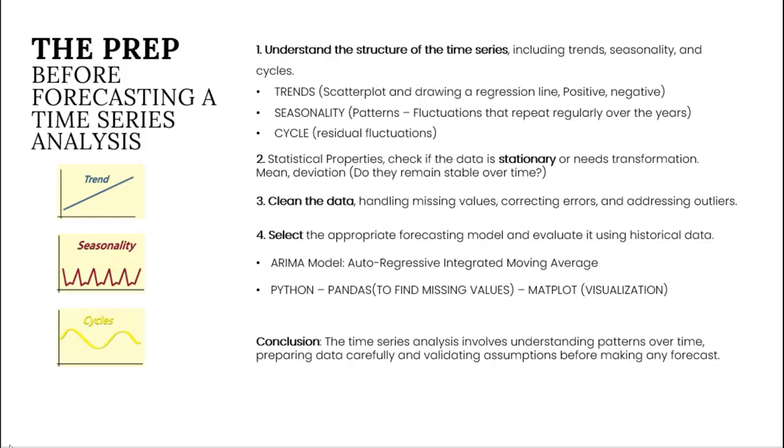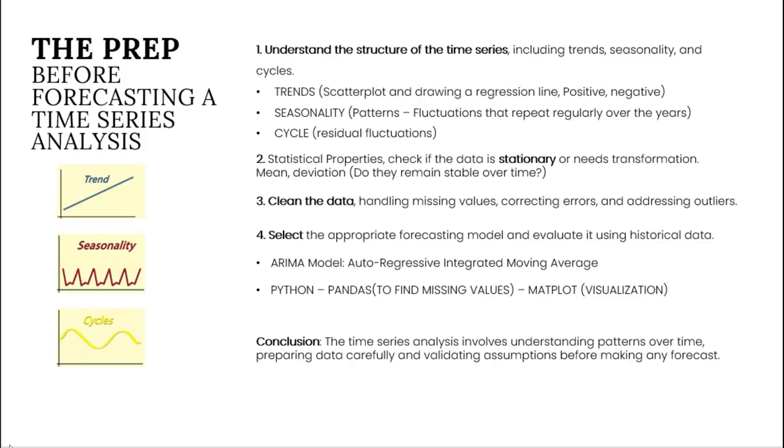Third, the analyst should clean the data by handling missing values, correcting errors, and addressing outliers that could distort the forecast. Finally, the analyst selects an appropriate forecasting model and evaluates it using historical data. One of the most popular models is the ARIMA model, which handles trend and autocorrelation.